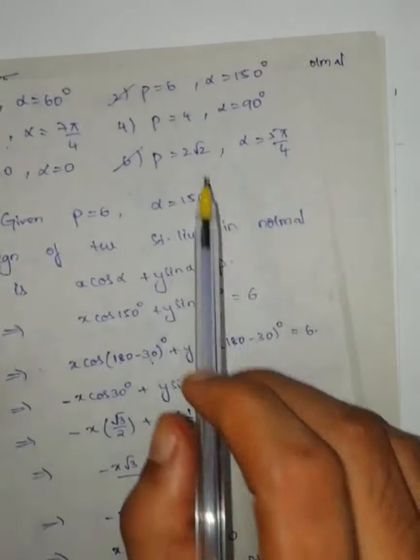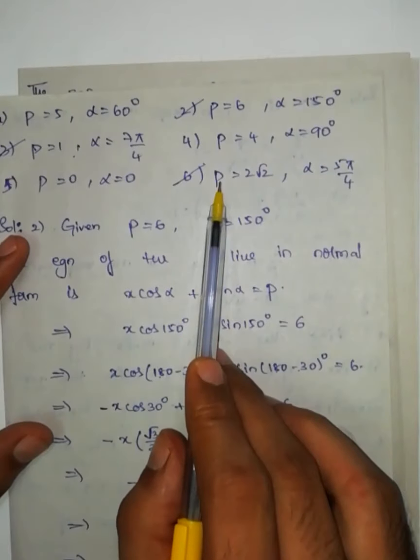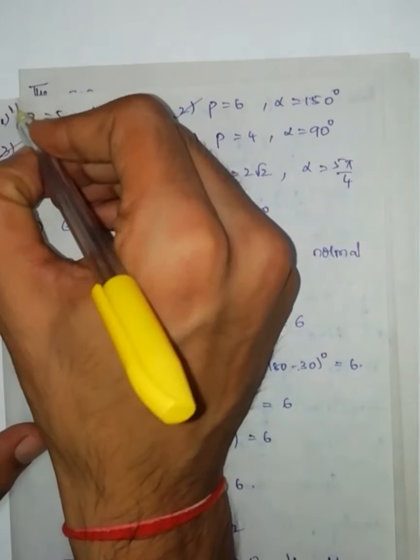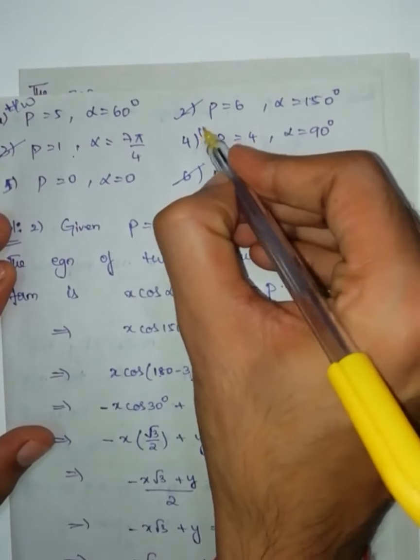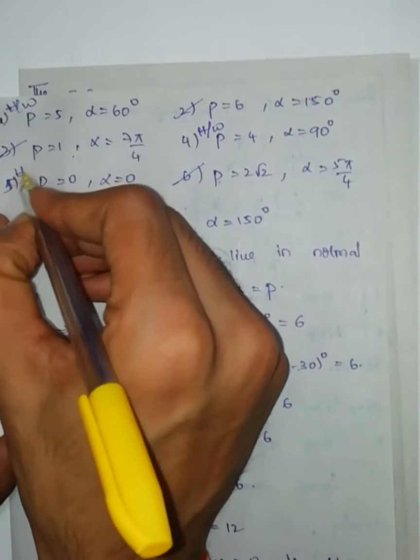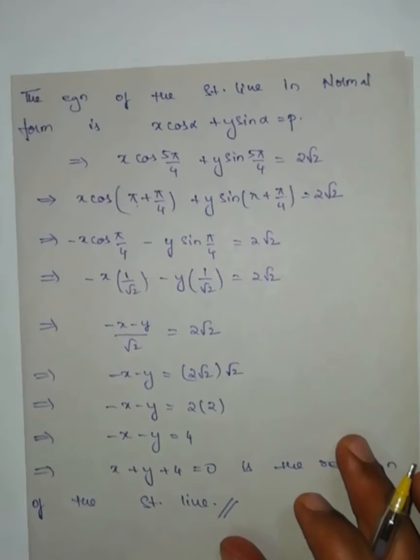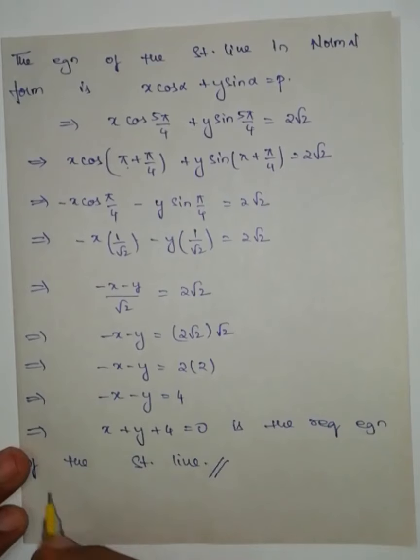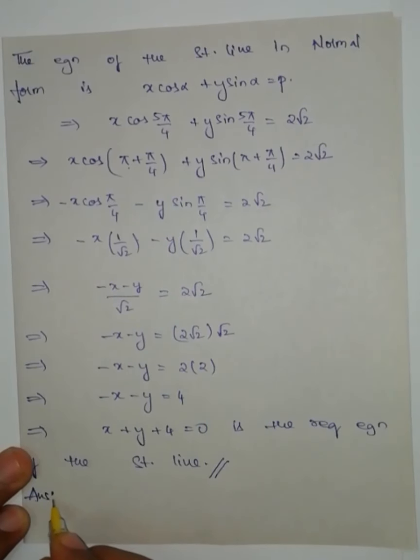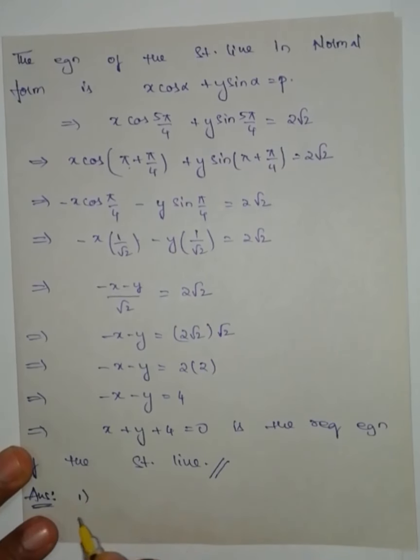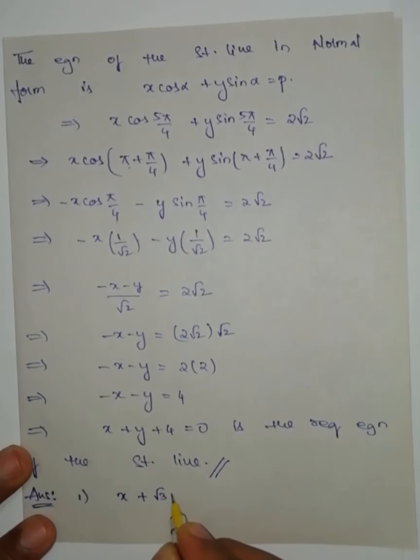Therefore, the second, third and sixth I have solved. The first one, the fourth one and the fifth one will be the homework. I am going to write the answers here. The first one you have to get is x plus root 3 y minus 10 is equal to 0.